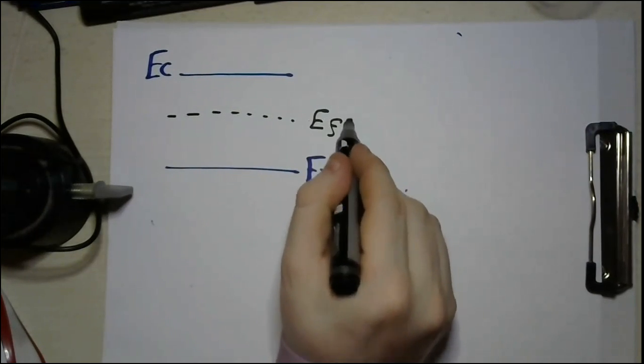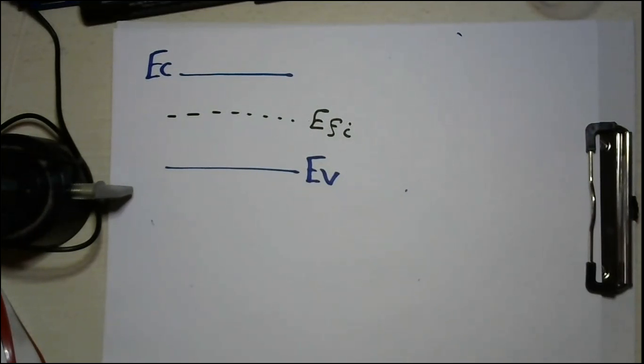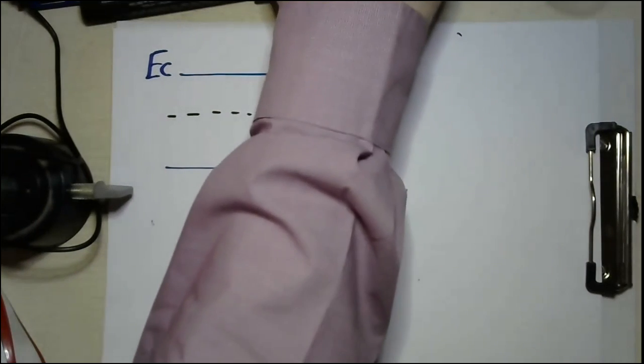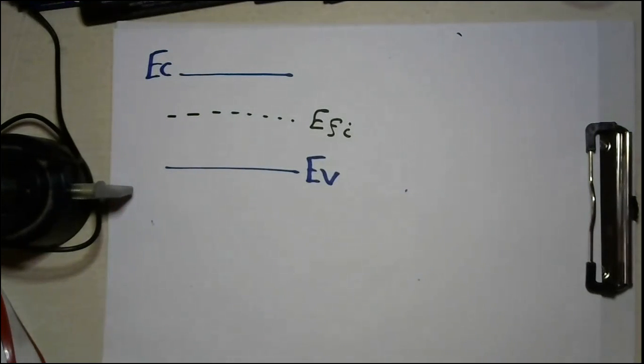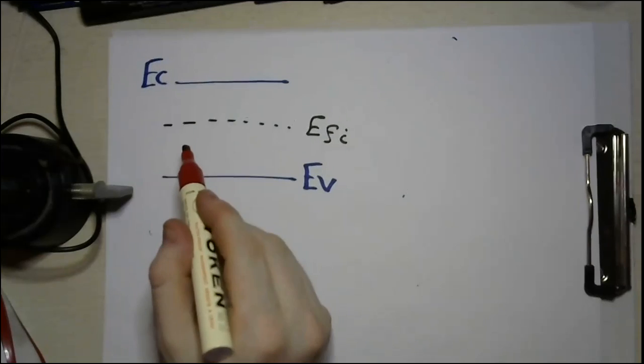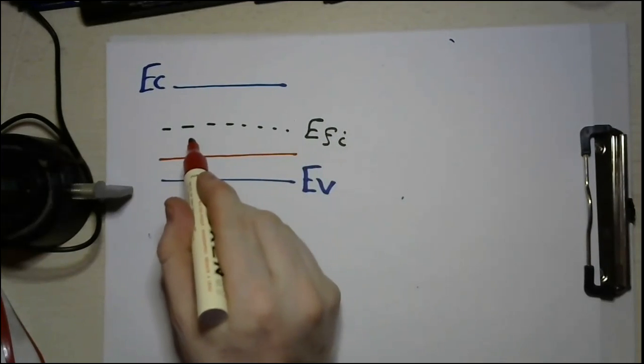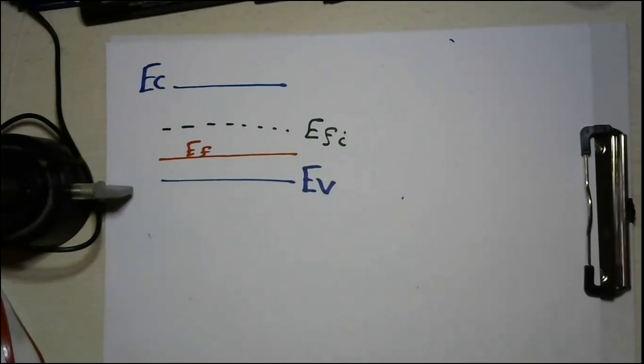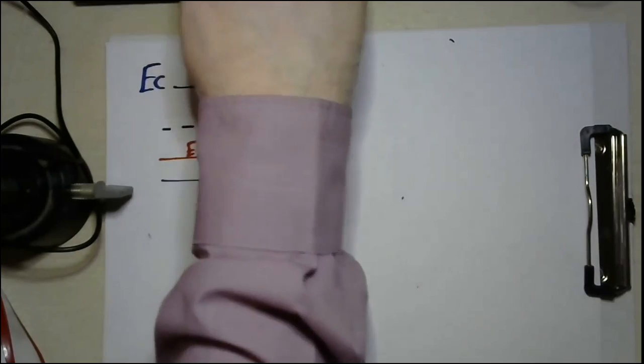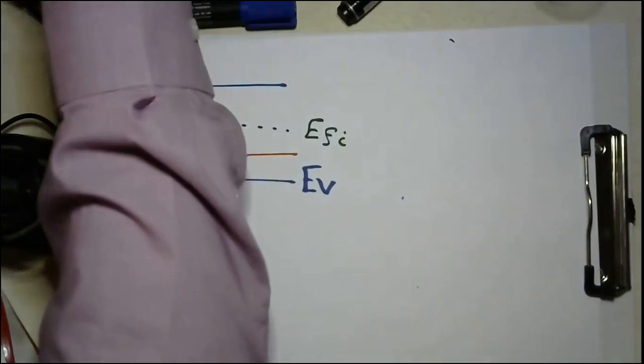And as this material is a p-type material, then your Fermi level will be shifted somehow here. So this is simply your p-type portion or your p-type part. Okay, perfect.